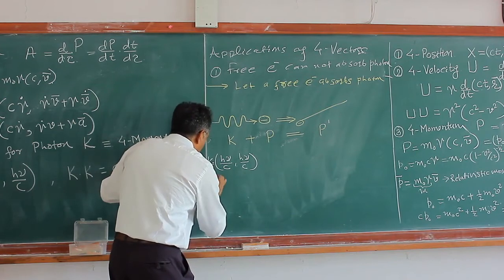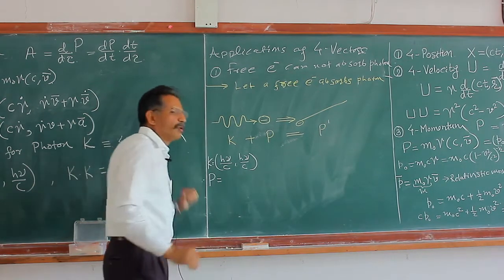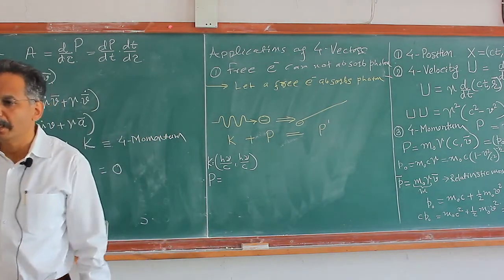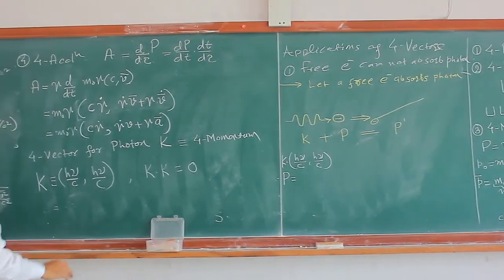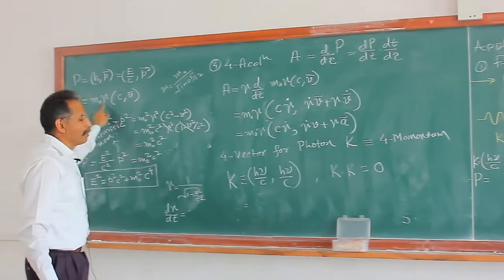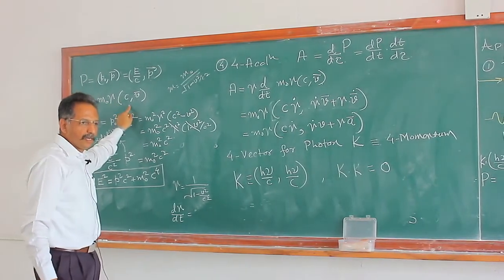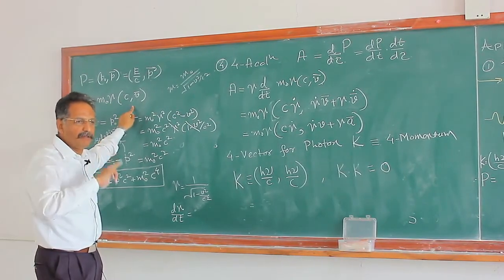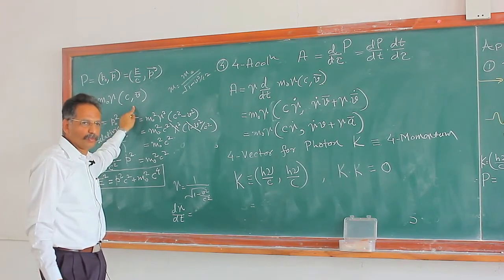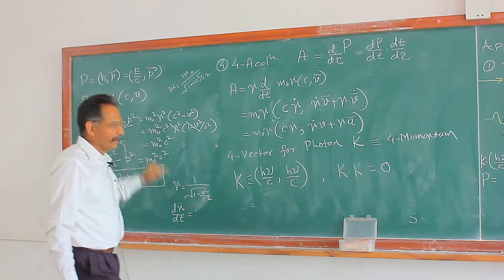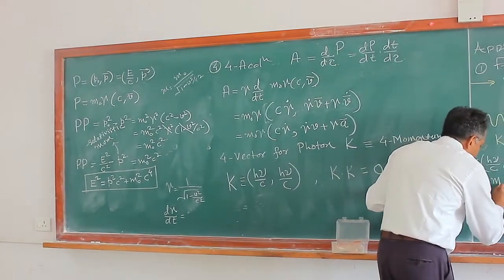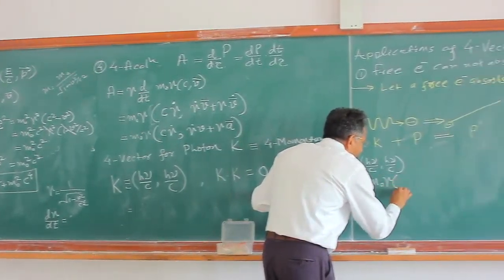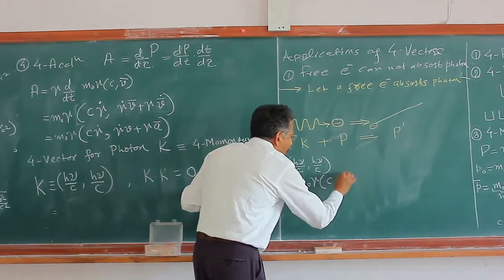Then capital P, that is the momentum of the electron in the state of rest. The 4 momentum we write as m0 gamma C, comma, and since it is at rest, V will be replaced by 0. Okay, so m0 gamma inside bracket C, comma 0.